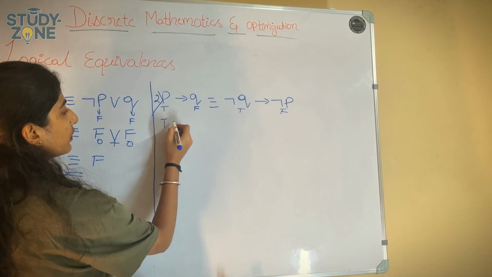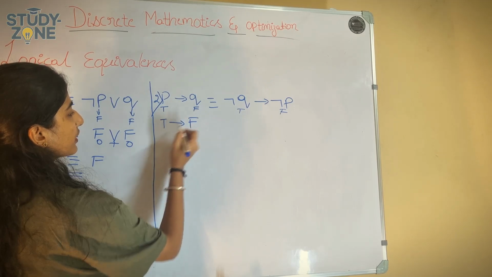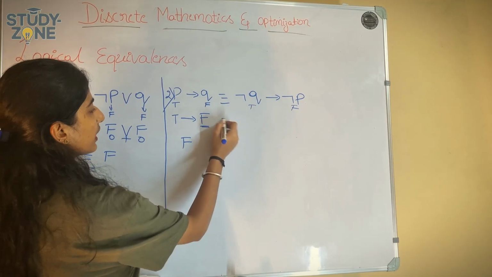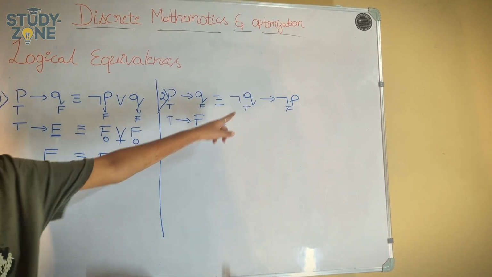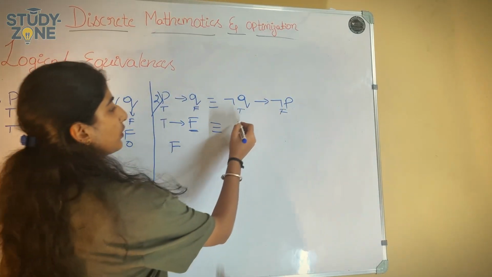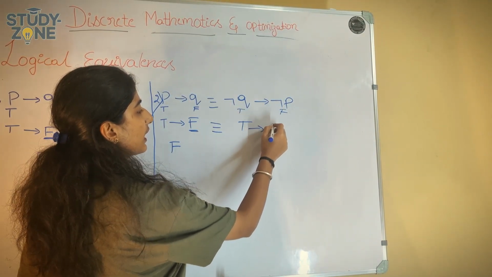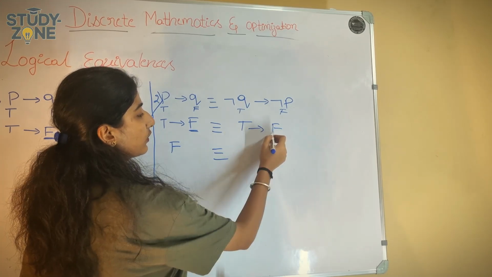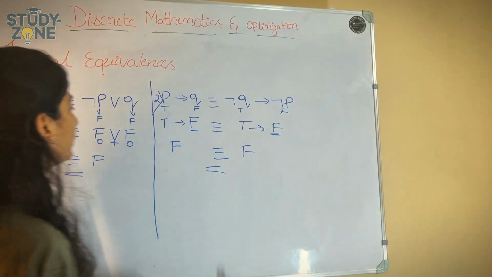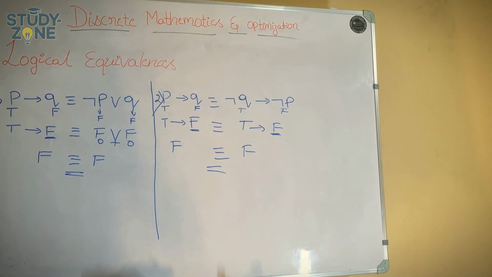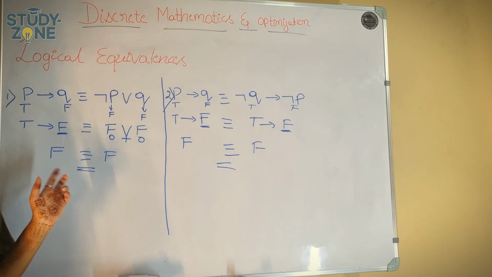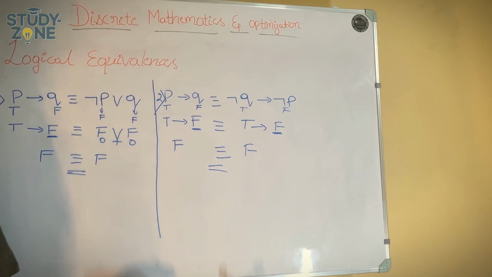True implies false, which means we have to consider the last symbol, that is false, and then not Q implies not P. So T implies F. Here it is logically equivalent to, here also we have to consider the last symbol, false. So here both the compound propositions are equal. Like this, logical equivalences are used. So we have seen the important laws in logical equivalence and 2 examples.